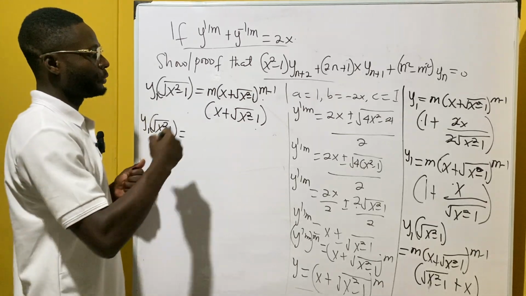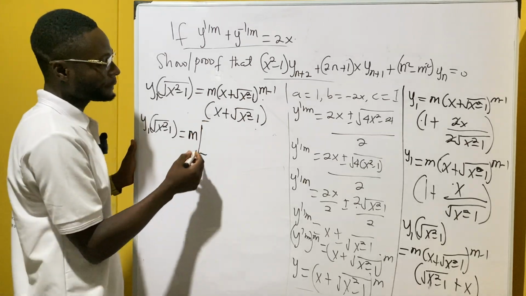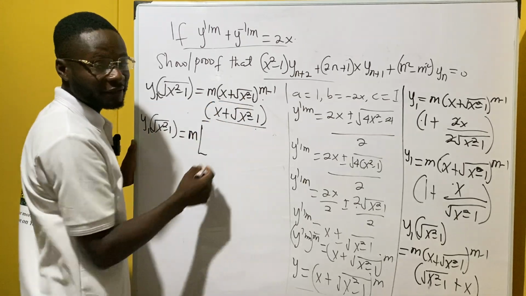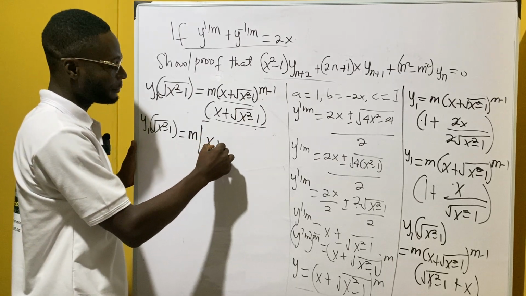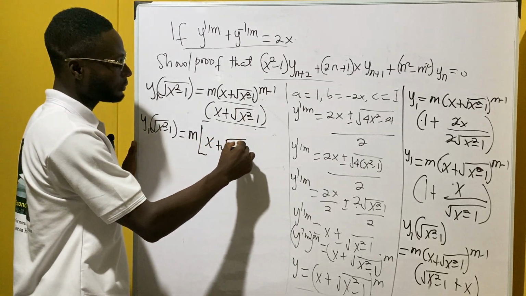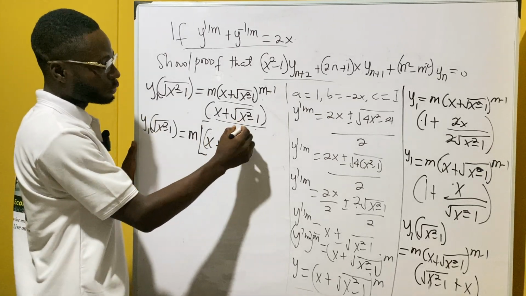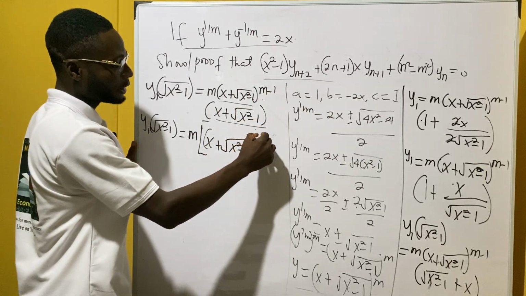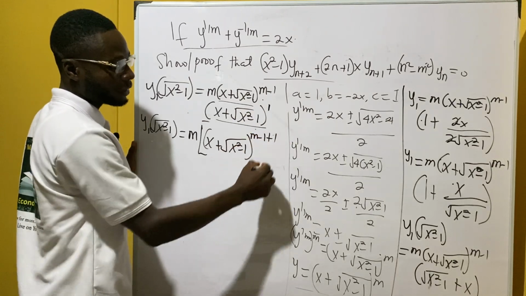So we know that this and this have the same base, so we add the exponents. So we have x plus square root of x squared minus 1, and we add the exponent, so we have m minus 1 here, and then this one is power 1, so it's going to be plus 1 right here.